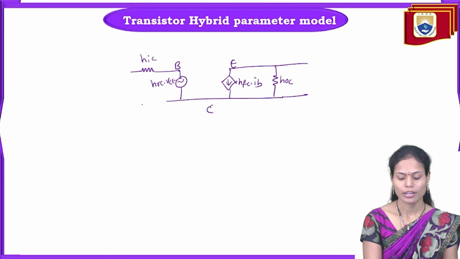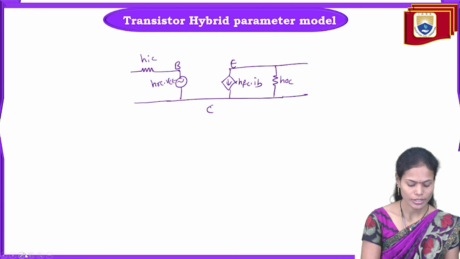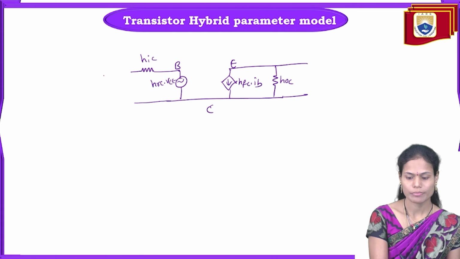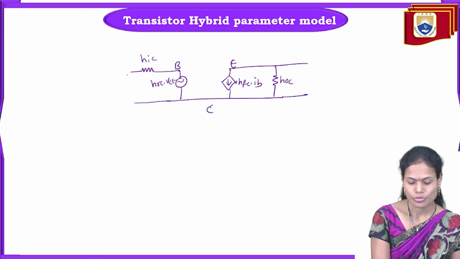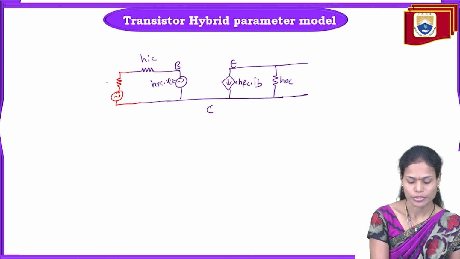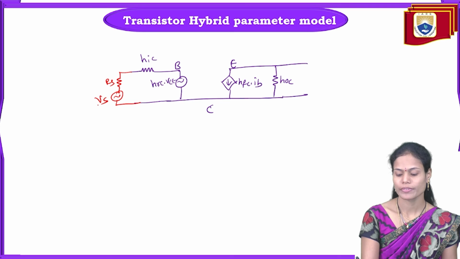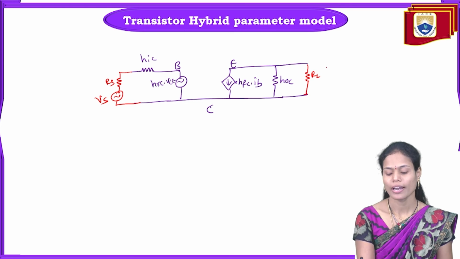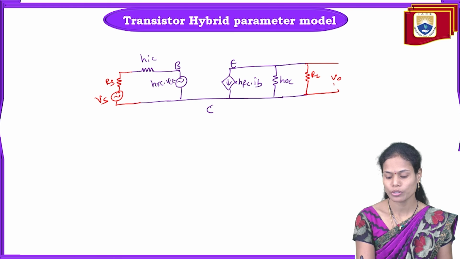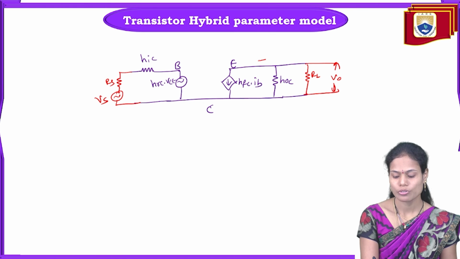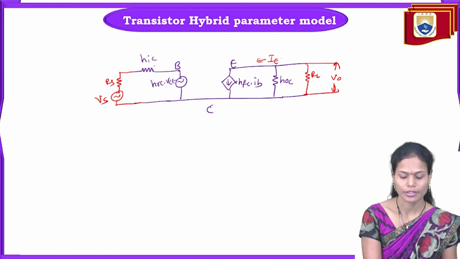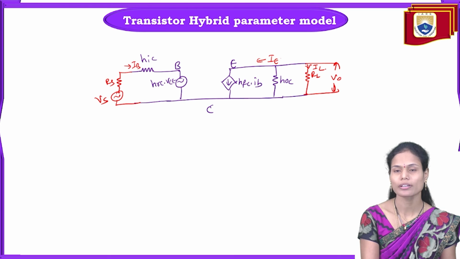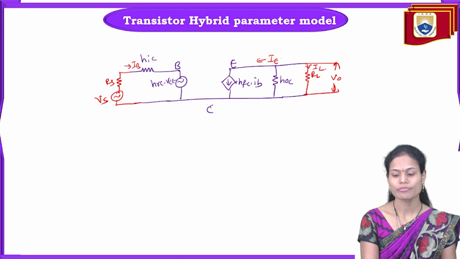Along with this we also have the circuit elements, that is the source resistance RS and the input signal VS, and here we have the load resistance RL and here we measure the output voltage V0. So here the emitter current is flowing, here the base current is flowing, and here the load current is flowing in the opposite direction.